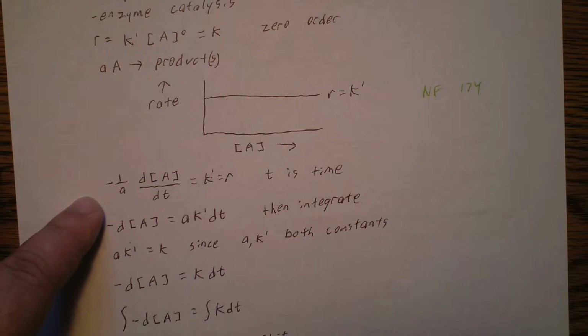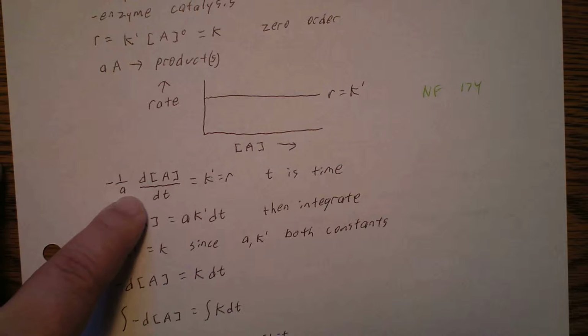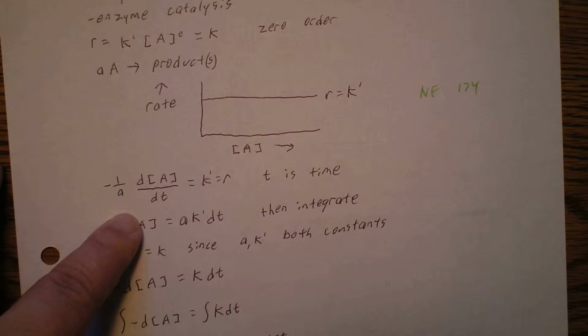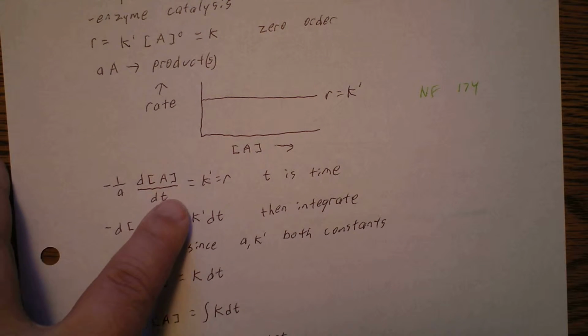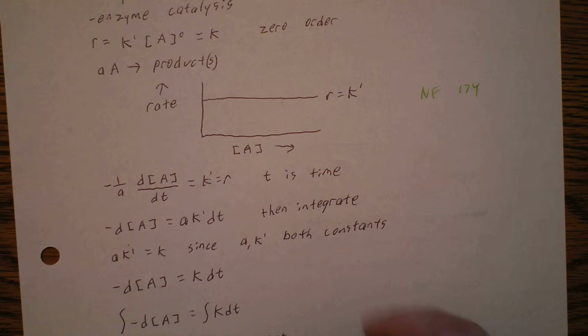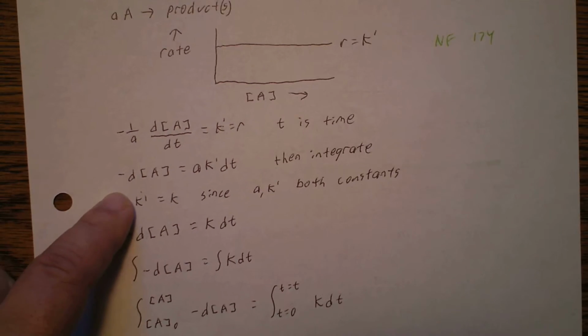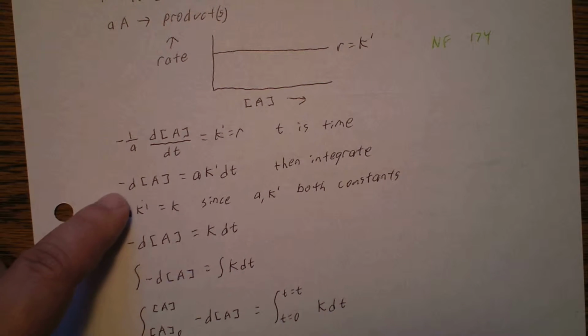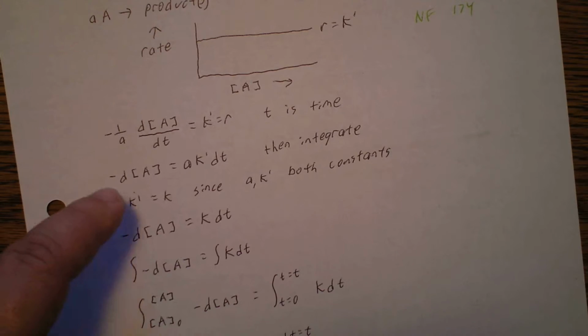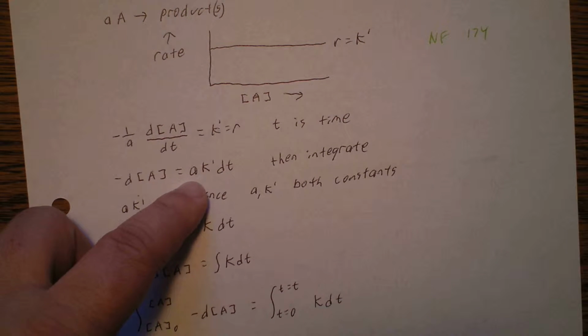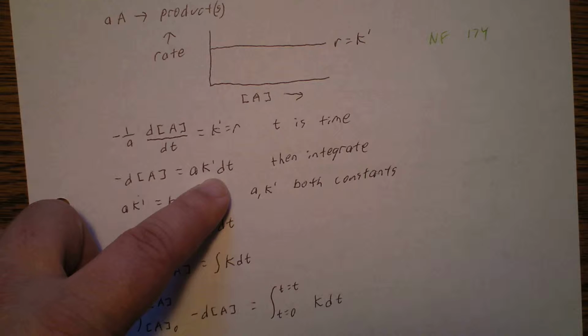So here's the formula. Minus 1 over a times the derivative of the concentration of A with respect to time is equal to K prime and is equal to R. Remember, lowercase t is time. So we're going to solve for the differential of the concentration of A. We get minus the differential of the concentration of A is equal to lowercase a times K prime times the differential of time.